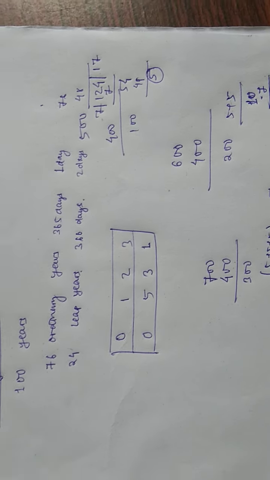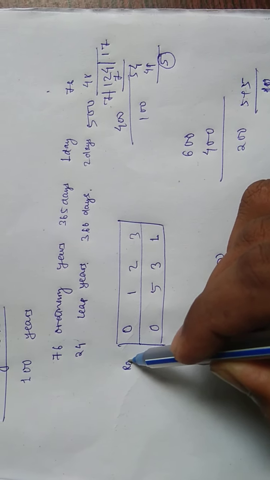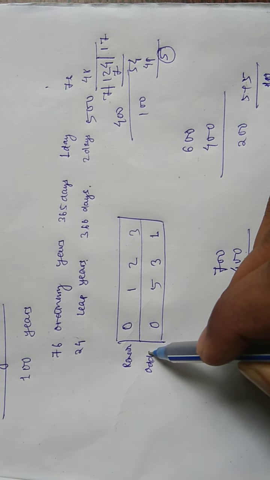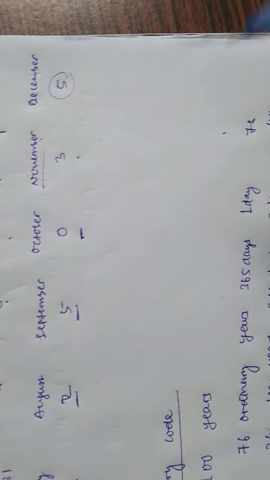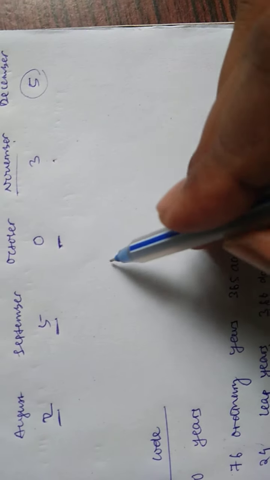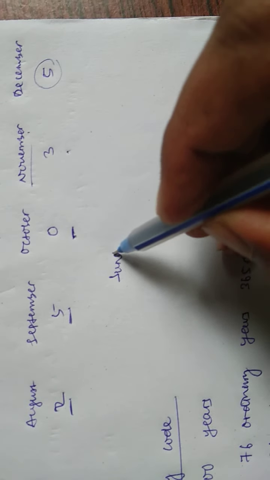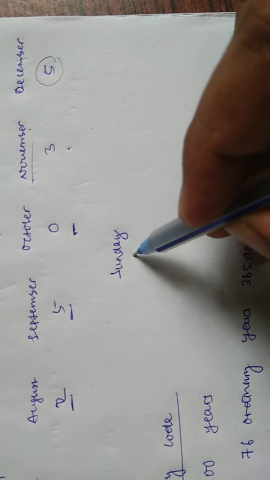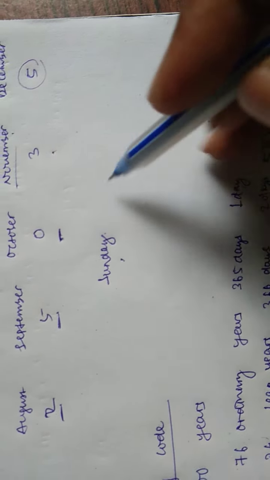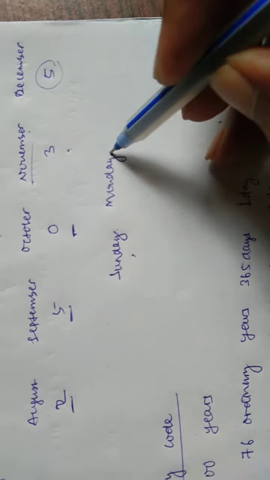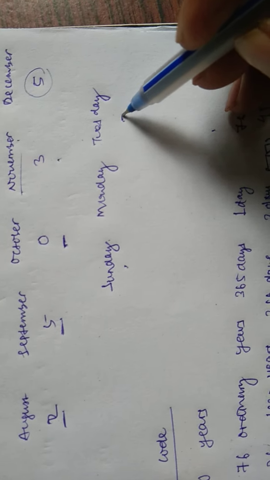When we divide the centuries by 4, these are the remainders, and these are the odd days. And now the codes of days. For Sunday, it sounds like 1, but Sunday generally we give 0. Monday sounds like 1. Tuesday sounds like 2, so we'll code it by 2.